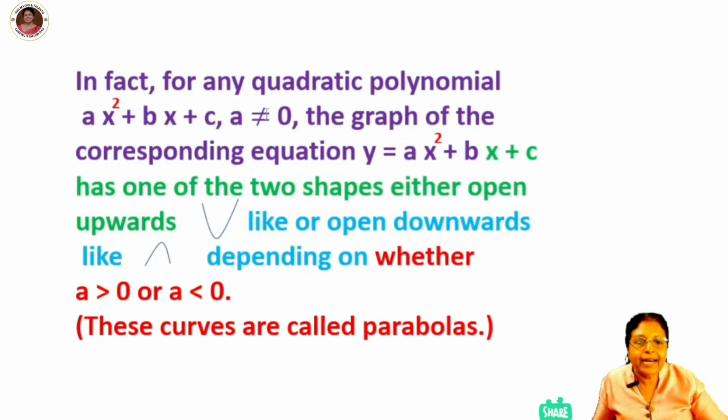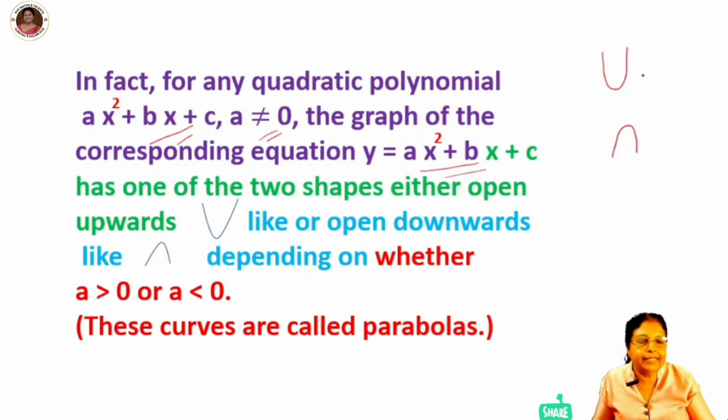Then if you generalize this, if any quadratic polynomial ax square plus bx plus c, a not equal to 0, then the graph of the corresponding equation y equal to ax square plus bx plus c has one of the two shapes, that is this shape, or this shape, depending on the value of a.